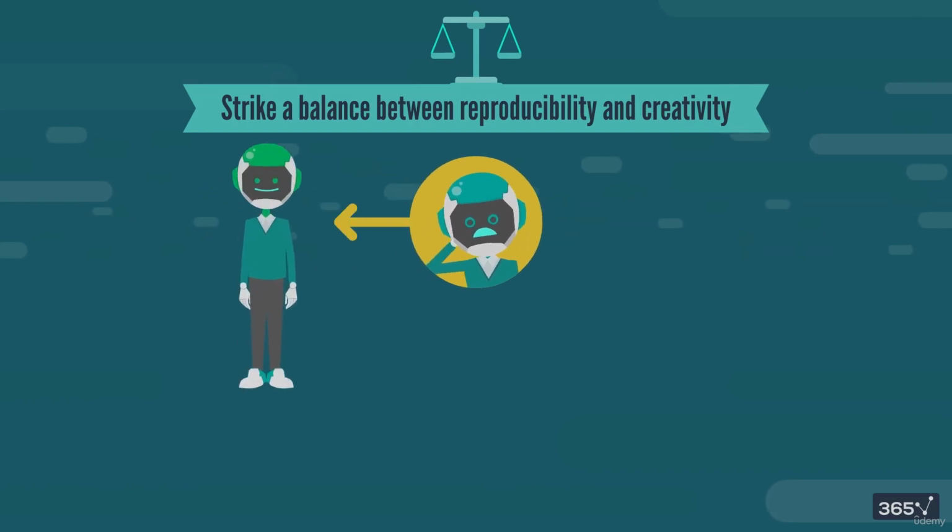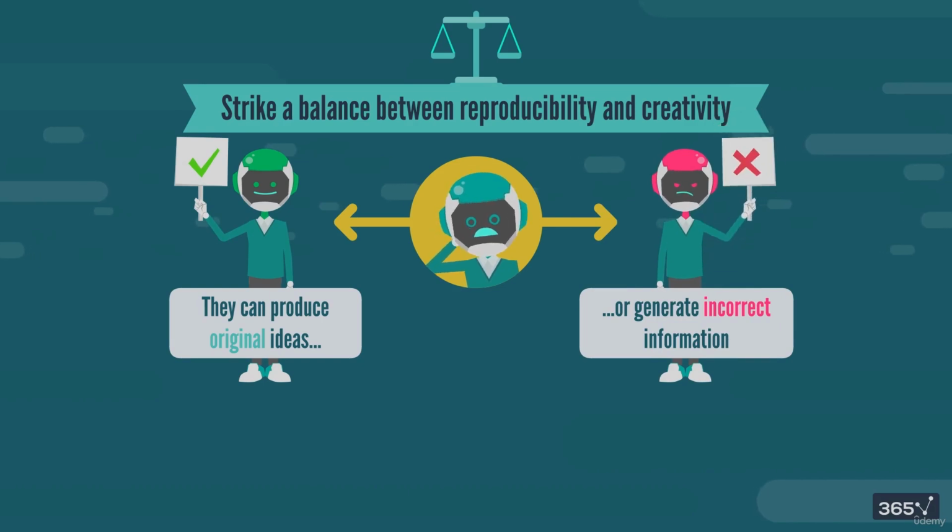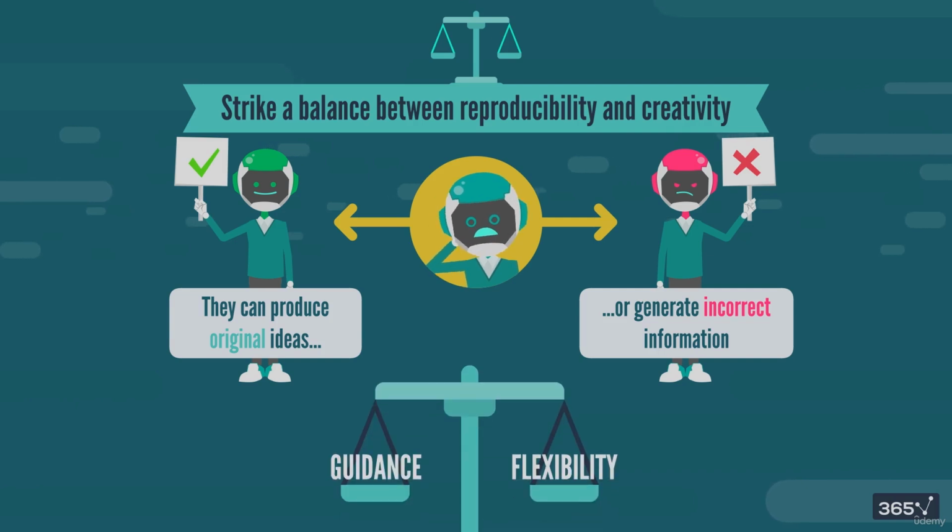Still, sometimes they produce original ideas or responses that are very useful. That's why hallucinations can be both a feature and a bug. Finding the right balance between guidance and flexibility is critical to ensuring we only get the best of hallucinations without breaking our program. We'll dive deeper into hallucinations in the next section of the course.